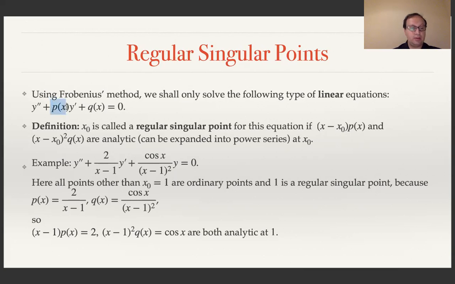So p and q are not both analytic around the point x0, but (x minus x0) times p and (x minus x0) squared times q are analytic around the point x0. So let's consider an example.